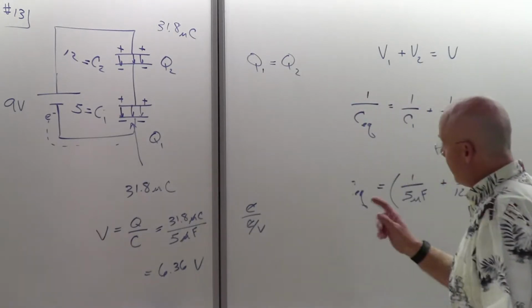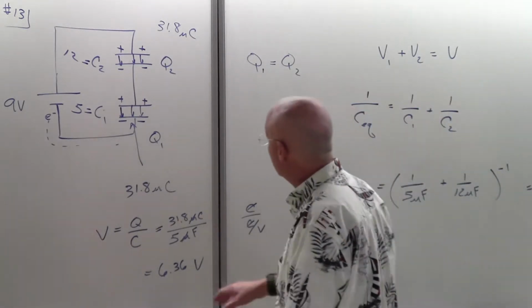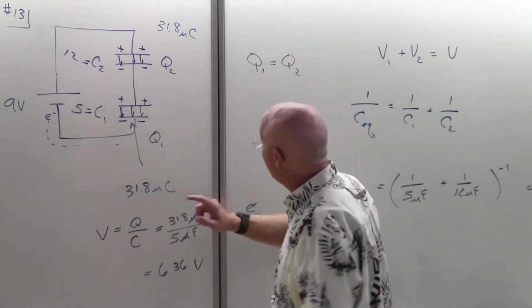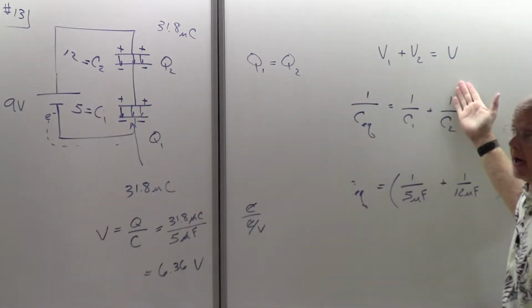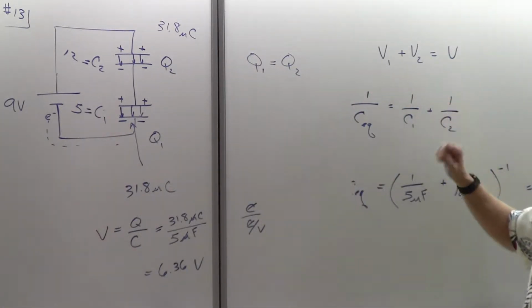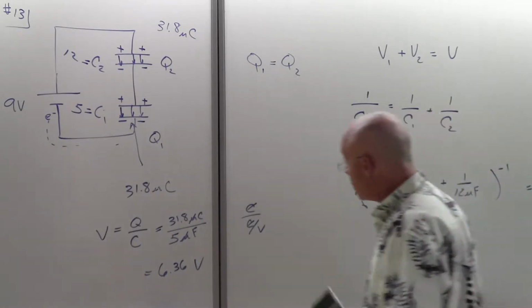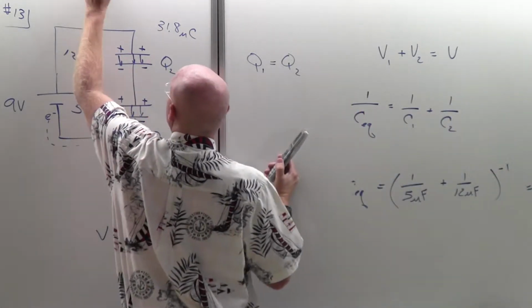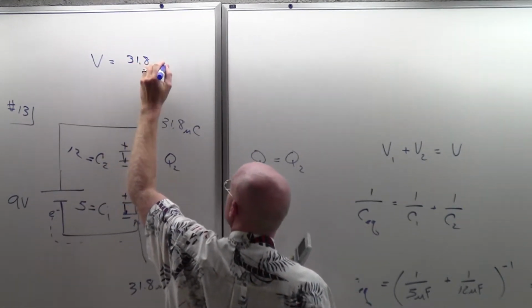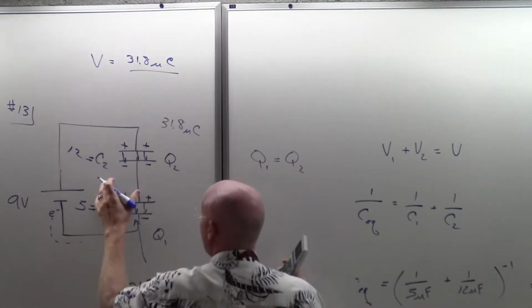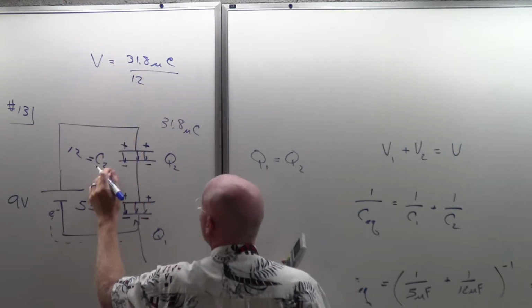And so there would be the voltage on the first one, which is excellent because now I can either do the same thing to get the voltage on the other one or know that the total adds up to 9. But this will also give me a chance to confirm it. So I'm going to do the same calculation here and go 31.8 microcoulombs of charge are also on number 2.